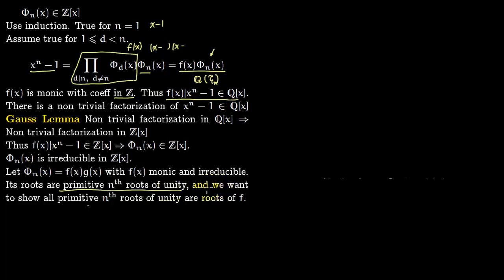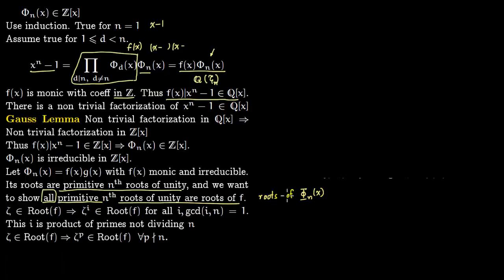Now we want to show that all the primitive nth roots of unity are roots of f, because all these primitive nth roots are roots of our nth cyclotomic polynomial. So we want to say that all the roots of phi n are also roots of f.